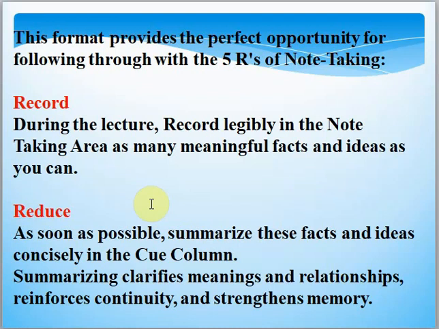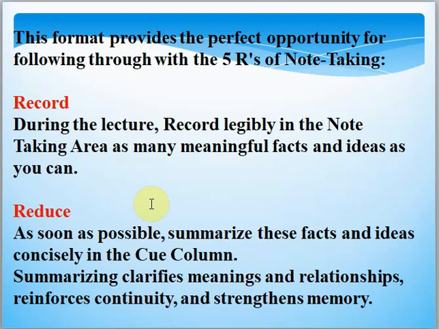The second important point is the reduce. As soon as possible, summarize these facts and ideas concisely in the Q column. Summarizing clarifies meanings, relationships, reinforces continuity, and strengthens memory. So, our first duty is to record. Second is to reduce.